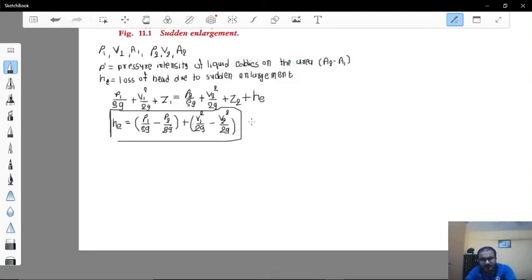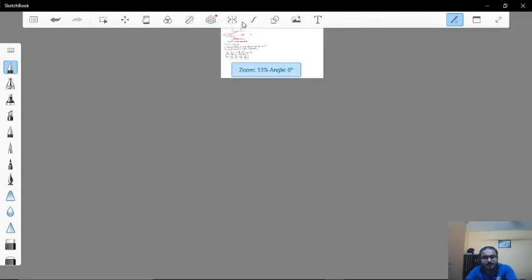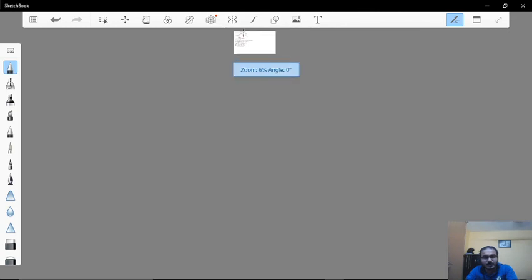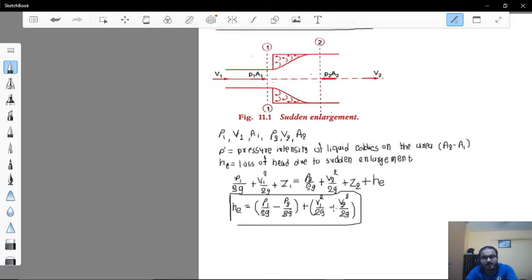Here, if you see the figure over here, in this figure there is a pressure force P1A1 on section 1, pressure force P2A2 on section 2, and there will be a force due to the turbulent eddies.